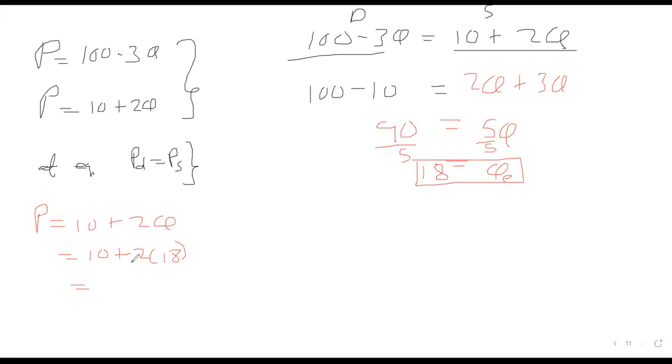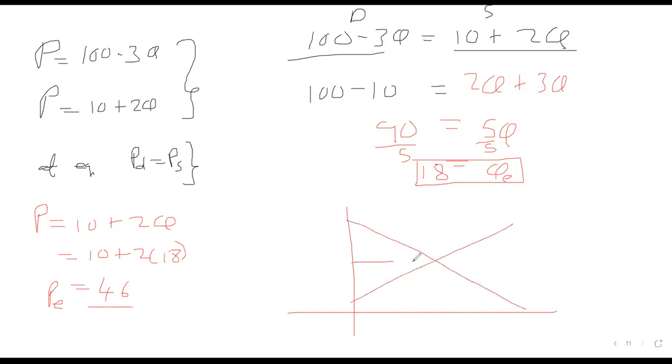So we're going to have what? This is 36 plus 10, which is 46. So our equilibrium looks like this: our demand, our supply, and our equilibrium. Our equilibrium quantity is 18. Our equilibrium price is 46.